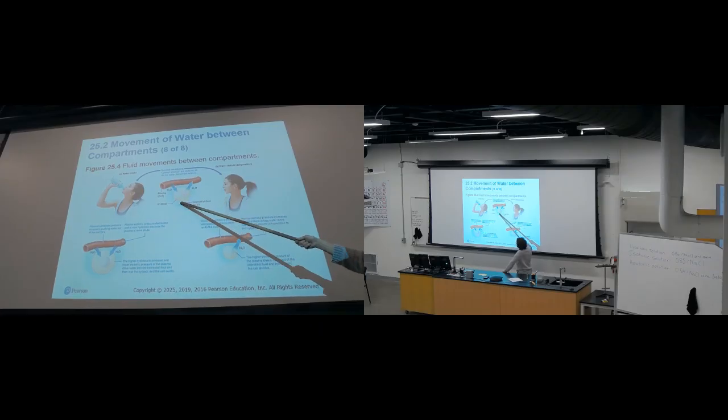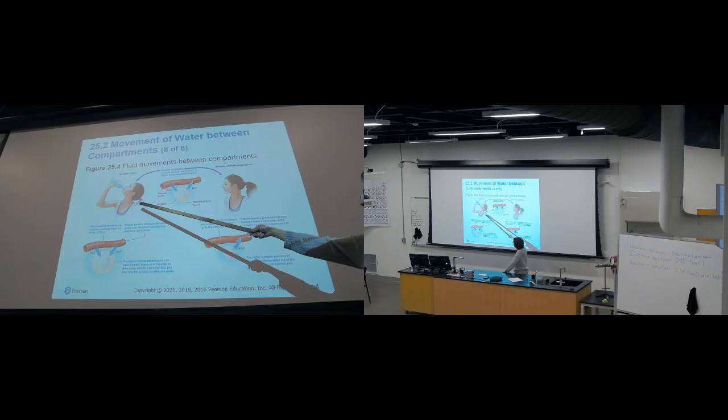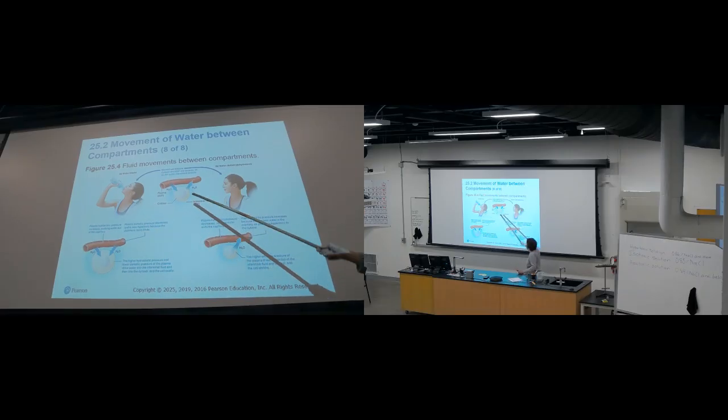Once your cells have enough water, if you, for instance, do exercise and you are losing water through sweating, then you will have water moving from your cells into your capillaries so that you can maintain the blood volume. In that case, you trigger the thirst mechanism so that you can replenish back these cells with water.